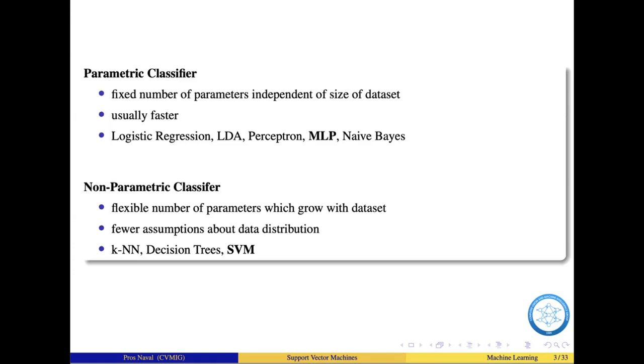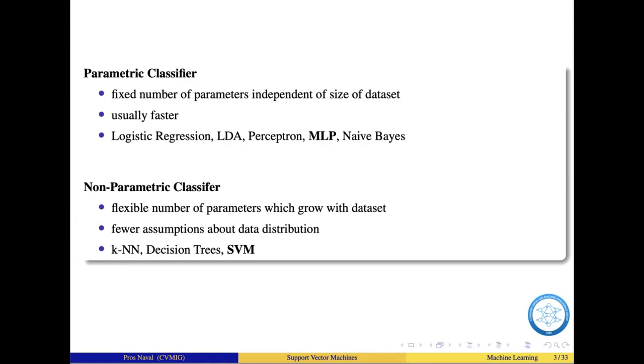So the number of weight vectors, and elements of your weight vector are fixed regardless of how big or how small your data set is. And you're familiar with the naive Bayes? The same. The number of parameters is fixed, independent of the size of the data set. So the data set is the one that determines the values of the parameters, but not the number of parameters.